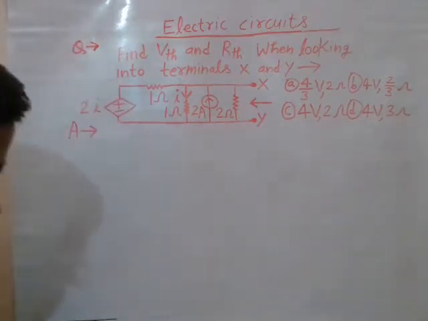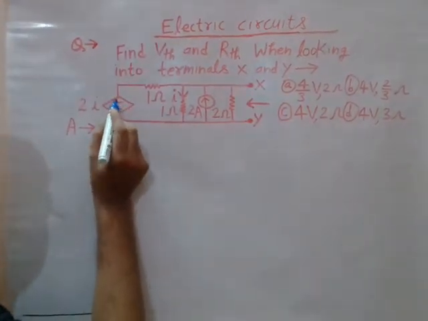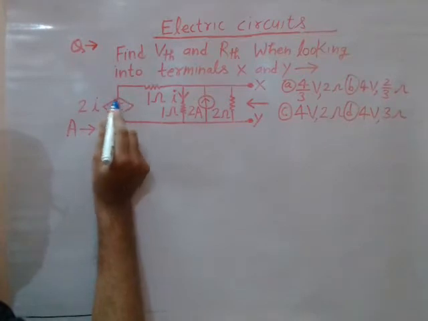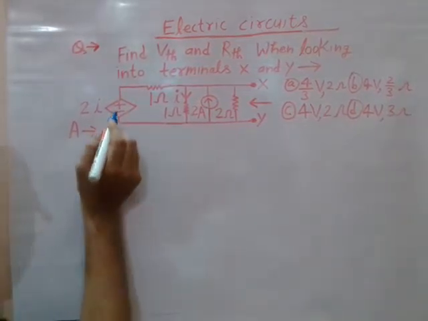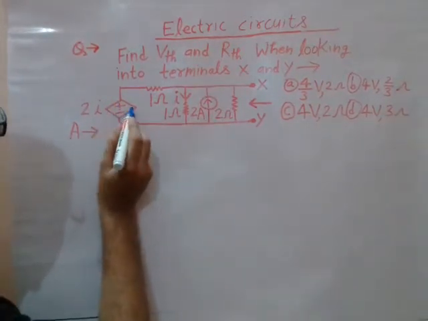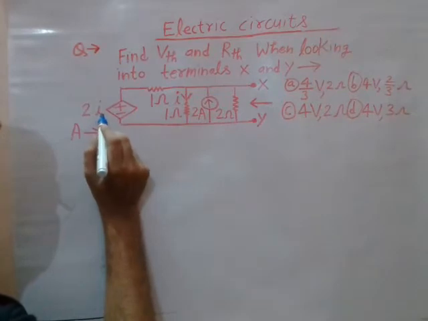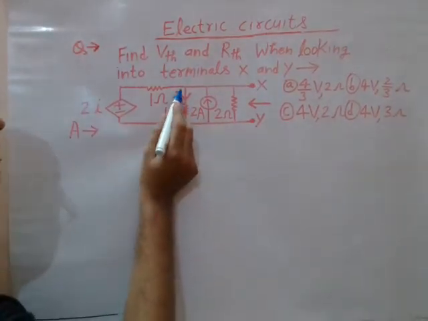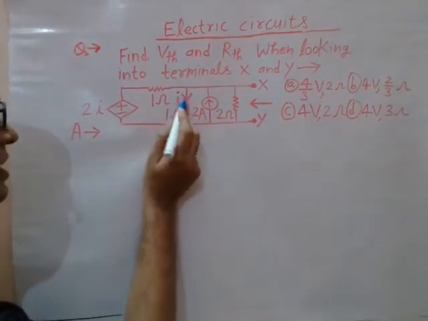Now have a look at the given network. First of all, this is a voltage source, which is indicated by the plus minus sign, right? This is a dependent voltage source, and it depends on the current I, which is flowing in this branch.